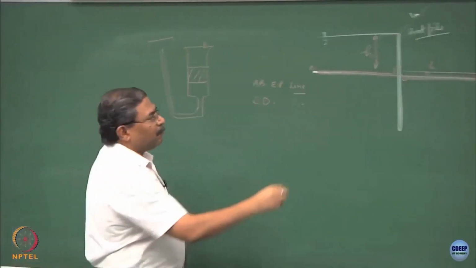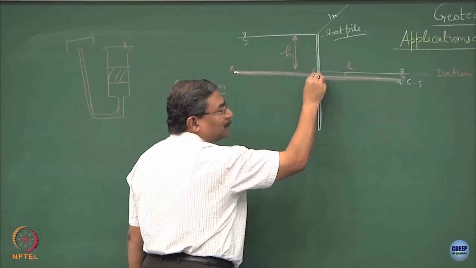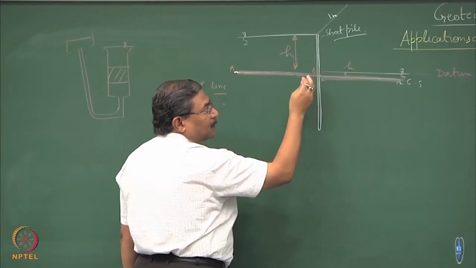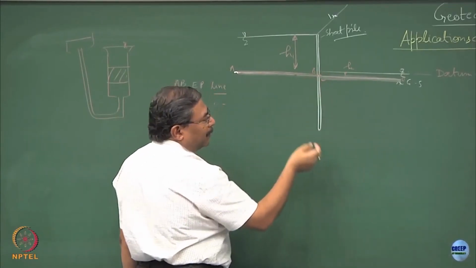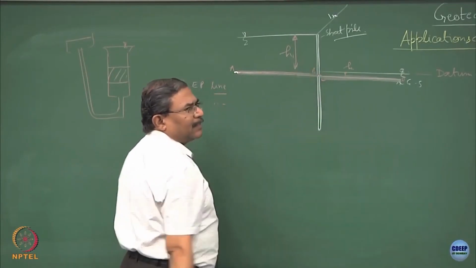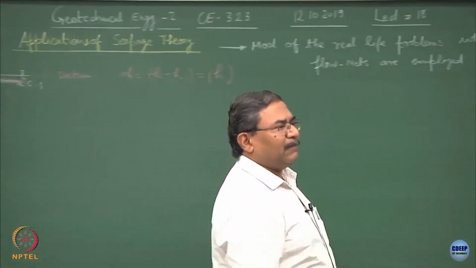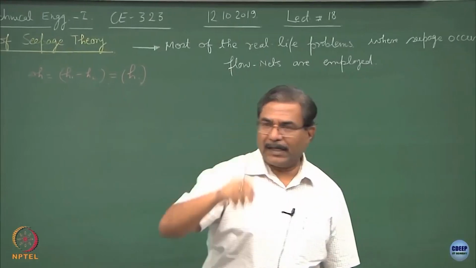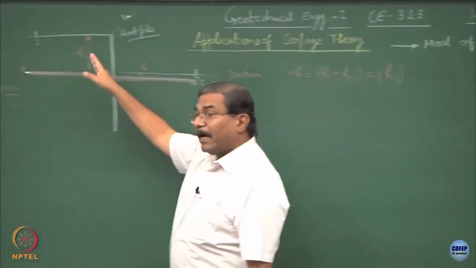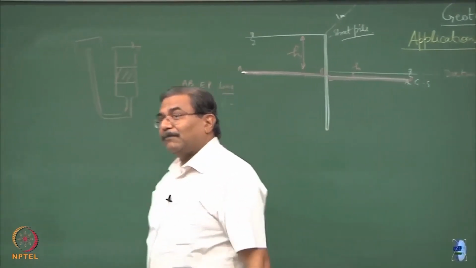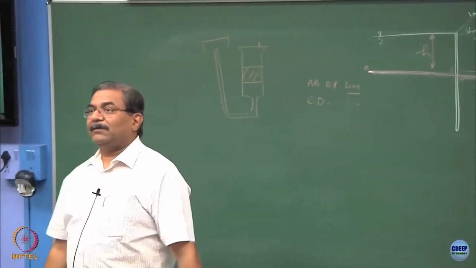So, this becomes a point of singularity, correct? Because just on the left hand side and right hand side, and I have been repeatedly saying the thickness of the sheet pile is extremely small, 1 inch, 2 inch maximum, alright. So, you are correct. So, what I have done, I have created a head. So, is creating a head a good thing for you or is it something which you have to be careful about?